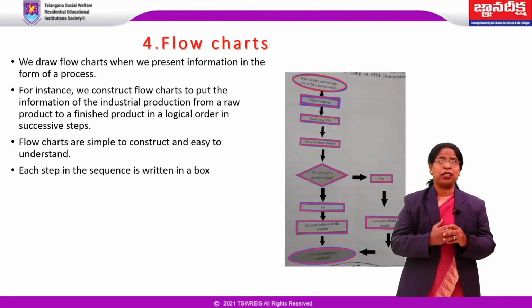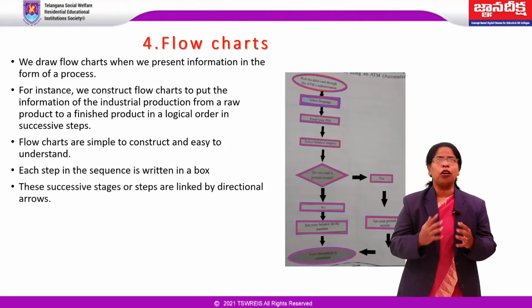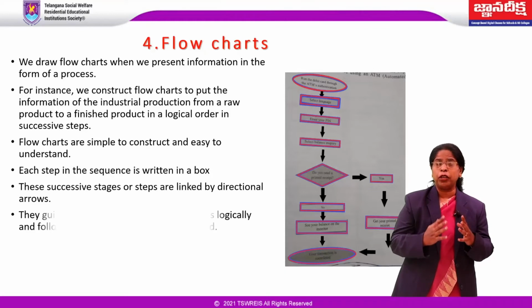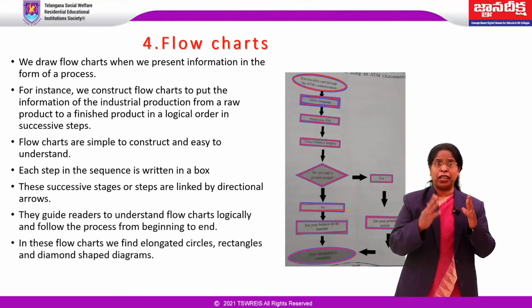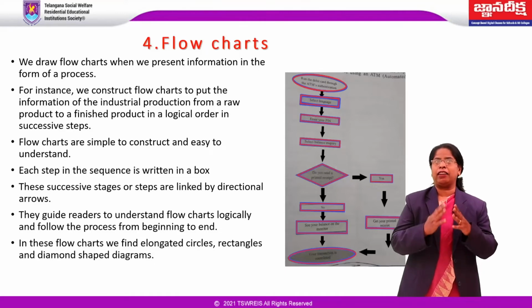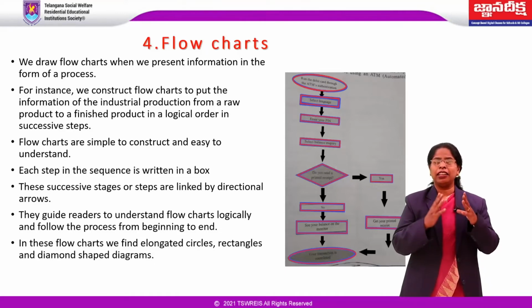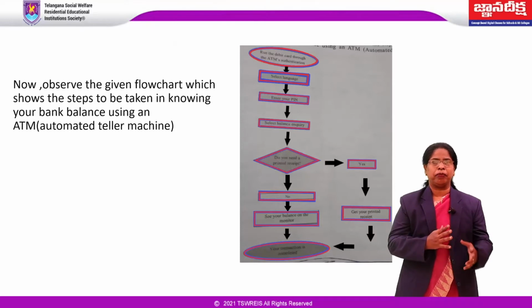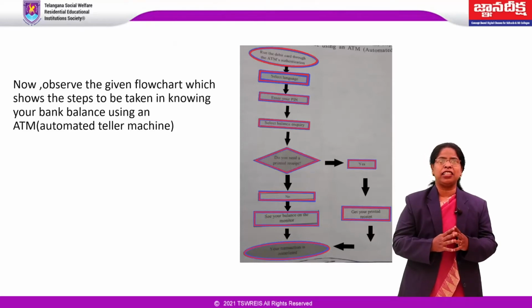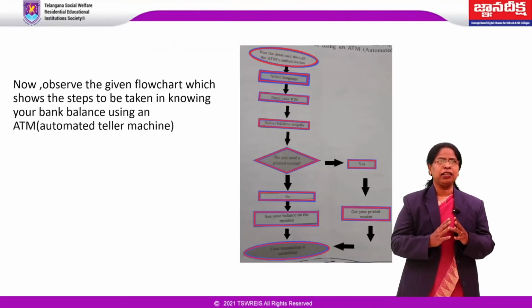This really makes you understand the process involved right from the time you go to a place or to the ATM center. For example, we have a chart regarding the ATM process. Each step in the sequence is written in a box. These successive stages or steps are linked by directional arrows.